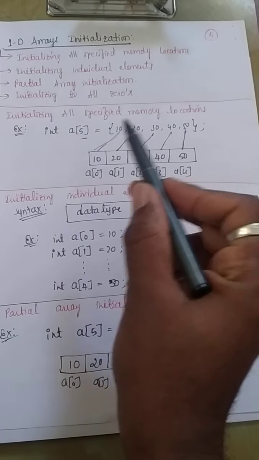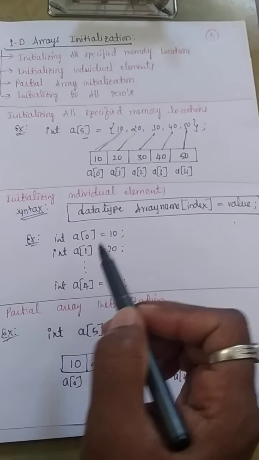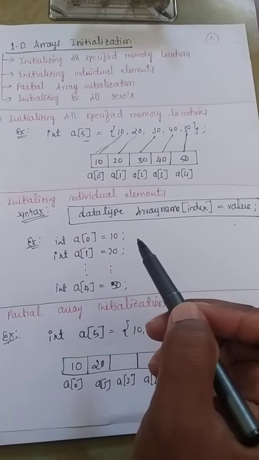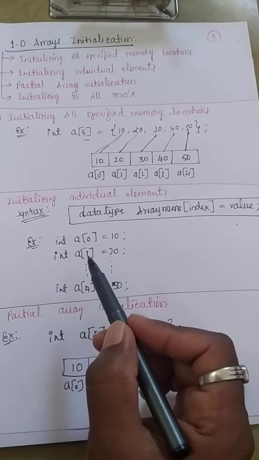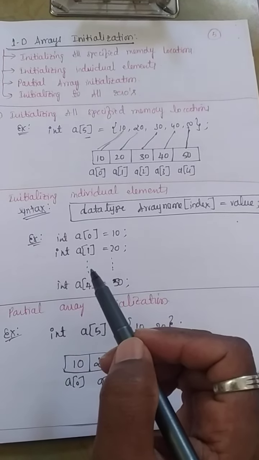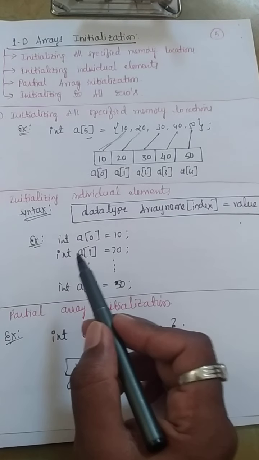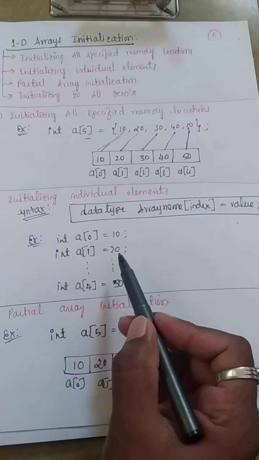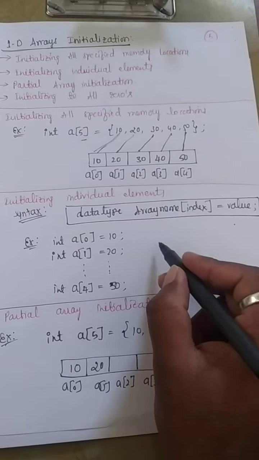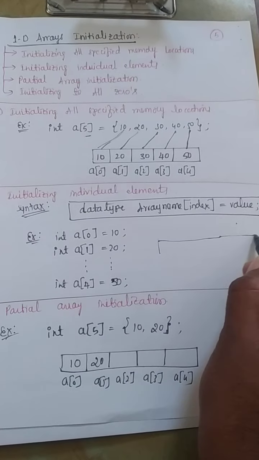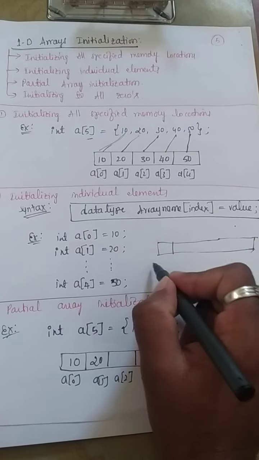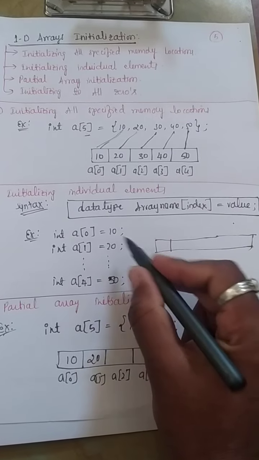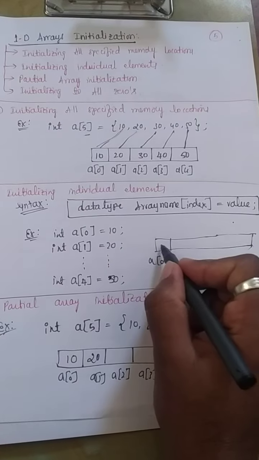Okay, now, at a time we are initializing here, but here element by element. One location is assigned by one element, second location is assigned by one element, like that. Now see, a[1] is equal to how much? 20. See, diagrammatically we can show like this. First location a[0] is filled, or initialized, by 10.